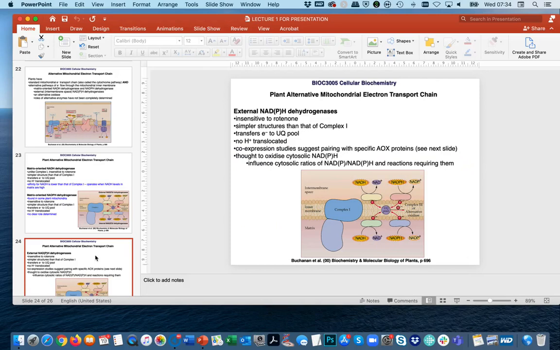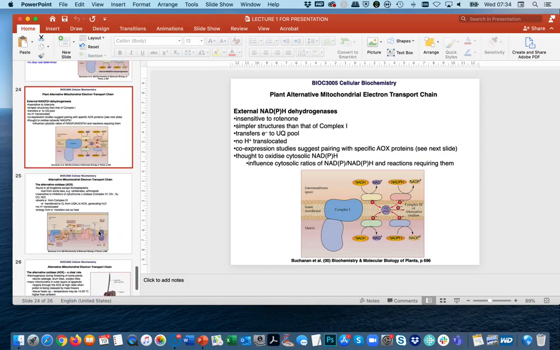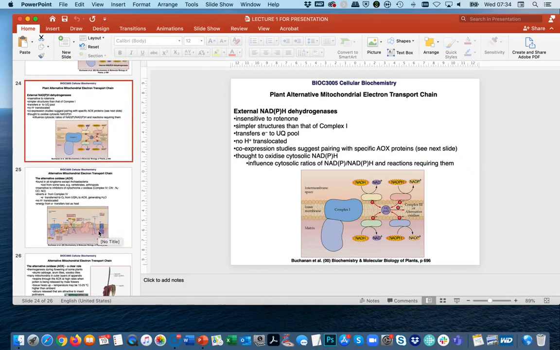All right, what about the external NADPH dehydrogenases? For both the external NADH dehydrogenases and external NADPH dehydrogenases, they're insensitive to rotenone, and they are simpler complexes than complex 1, much smaller.